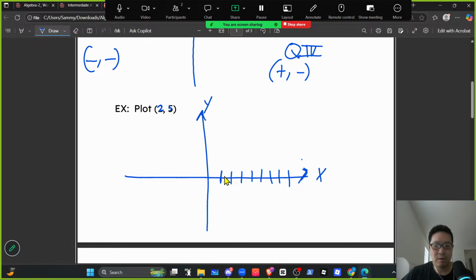So if you just did 2 notches over here and then 5 notches for the y-axis, it would be okay. But what it's telling you is to go right, since it's positive, go right twice, 2 units. And then because the y value is positive, it's telling you to go up 5 units. So if I go right 2 units and up 5 units, I end up here. So that's going to be your answer.